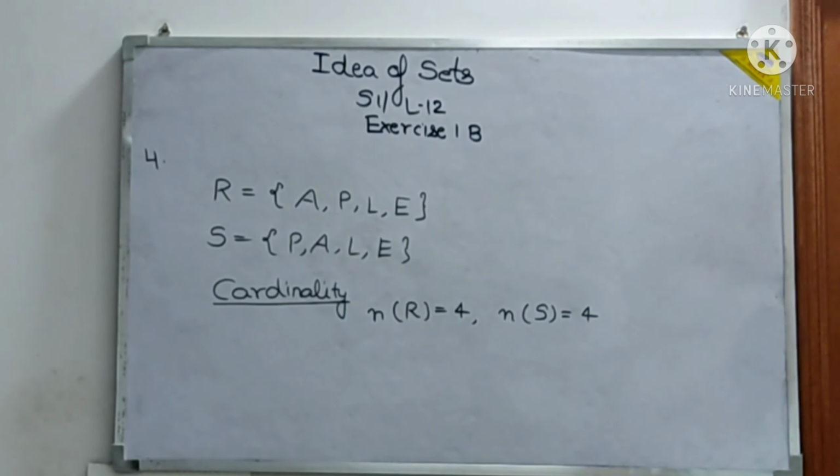You got this thing? Cardinality you understood now? And what is it saying? R and S equivalent sets. R and S equal sets also.